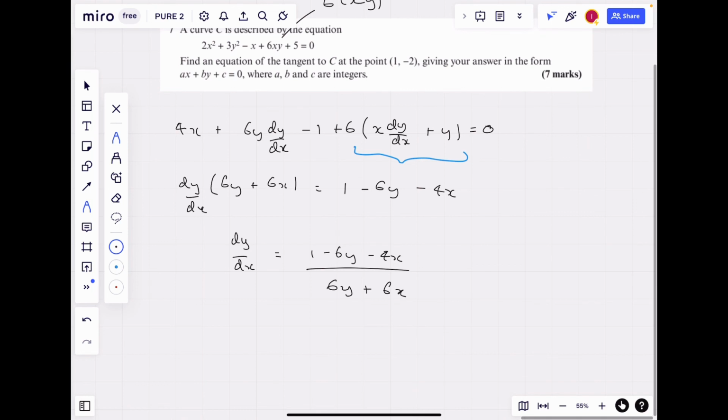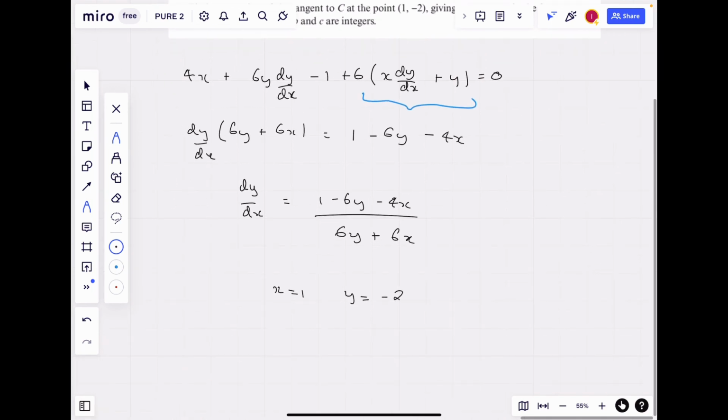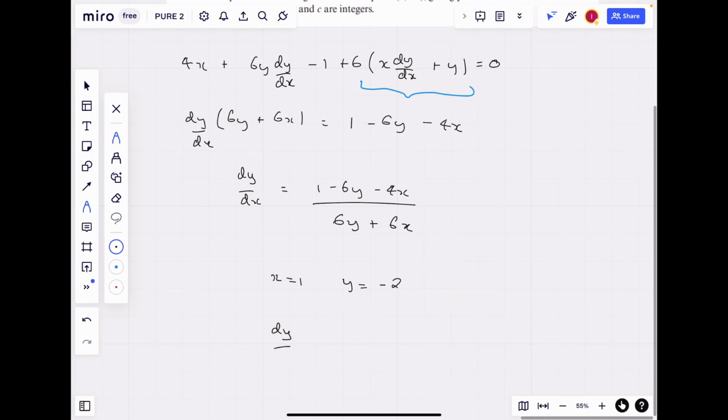You have the coordinates x equals 1, y equals minus 2. When you plug that in, dy by dx equals minus 3 over 2. That is the gradient of your tangent also. There's no minus reciprocal rule, that's only with the normal.